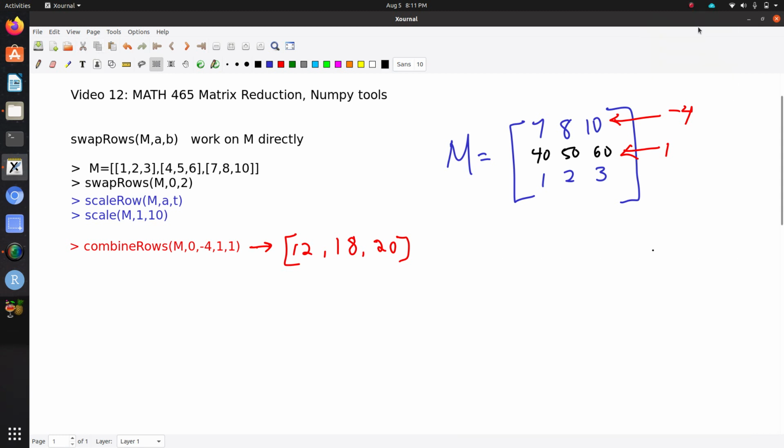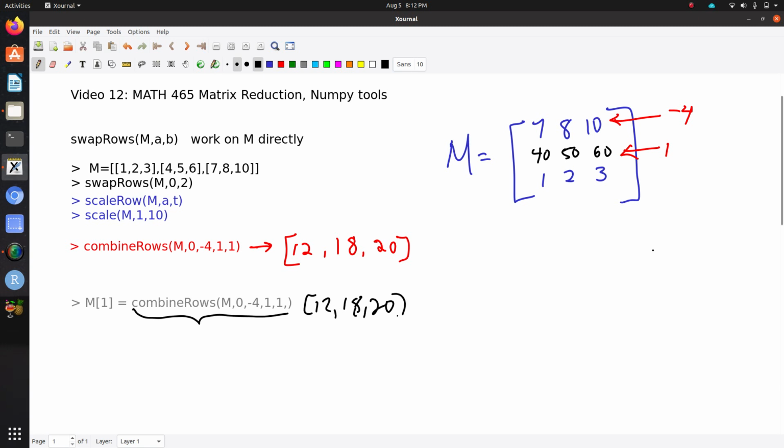Okay, but once you have those working, you can easily do something like this. You can easily say something like M1 equals combine rows M, 0, -4, 1, 1. So because you're working on a computer, this is not a math equation, the first thing you do is you calculate this part, and that gives you 12, 18, 20.